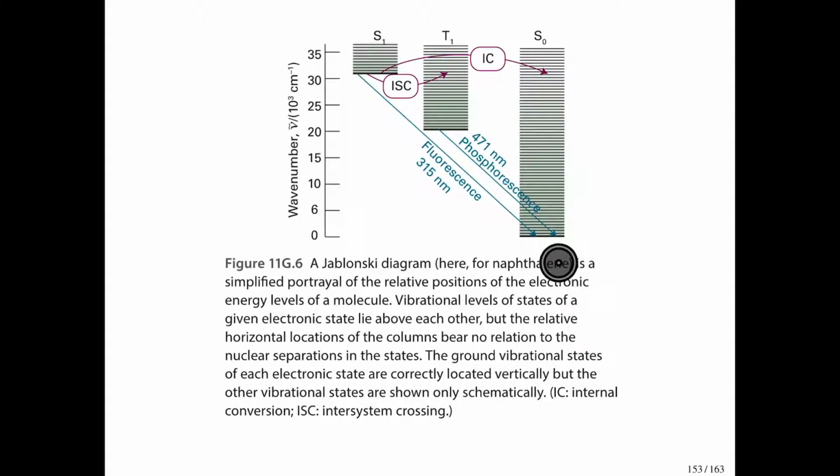The fluorescence, so fluorescence from S1 down to S0 is a direct path. It has a shorter wavelength than the phosphorescence, and then the intersystem crossing is indicated here. You go from the singlet excited state to the triplet state, and then you phosphoresce down from there. Now there's another process called internal conversion that we'll talk about in just a little bit.